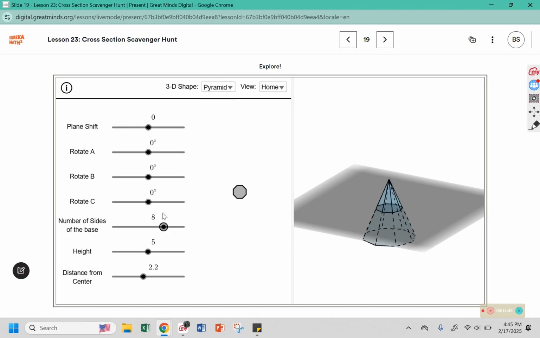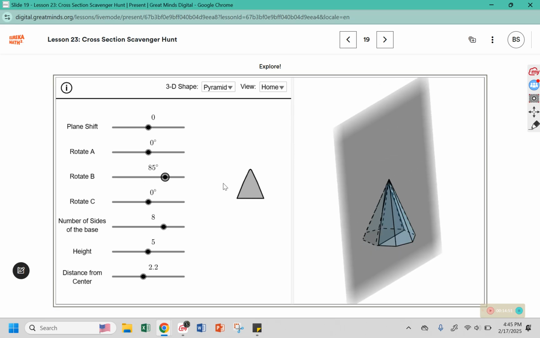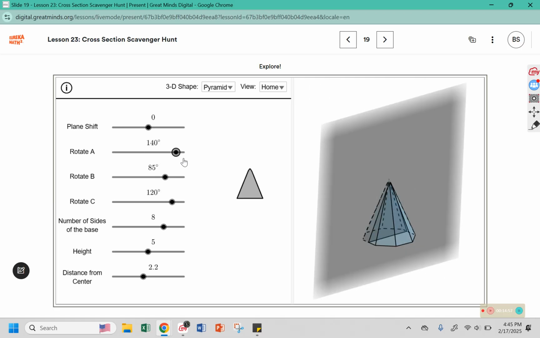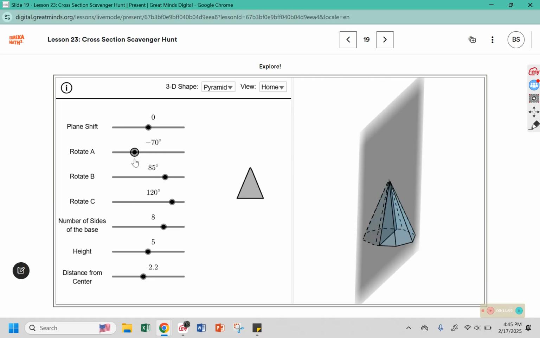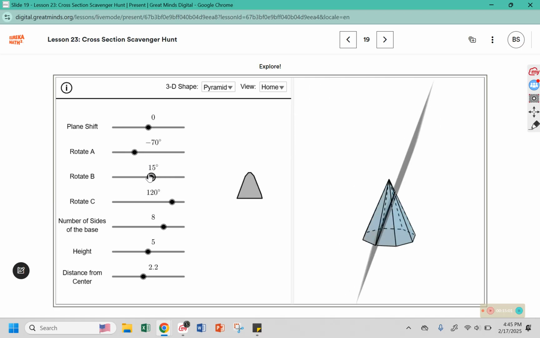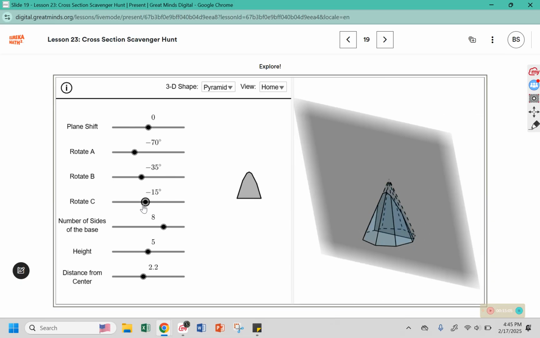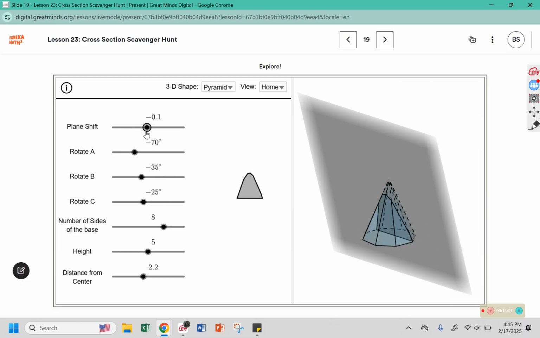And you can try and see what happens when you adjust the angle of your slice, and how many sides you can get based on where you slice your shape.